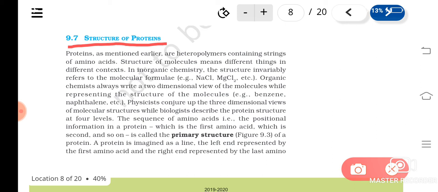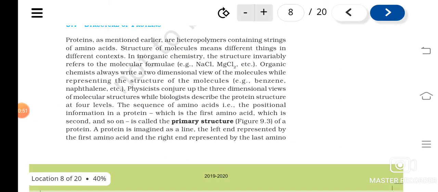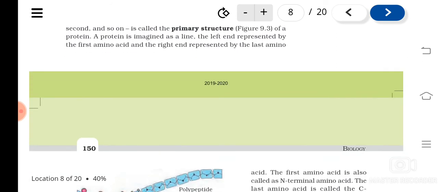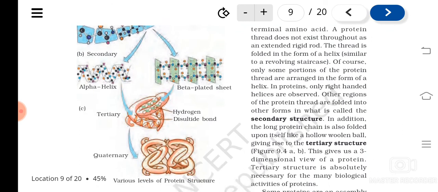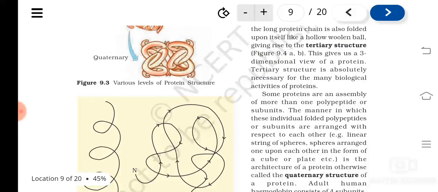According to a biologist, the structure of proteins can be explained in four different levels. This can be asked: describe the structure of proteins. The various structures are the primary structure, secondary structure, tertiary structure, and the quaternary structure.